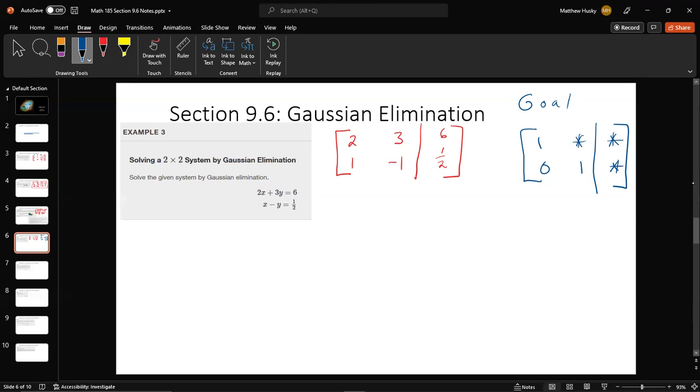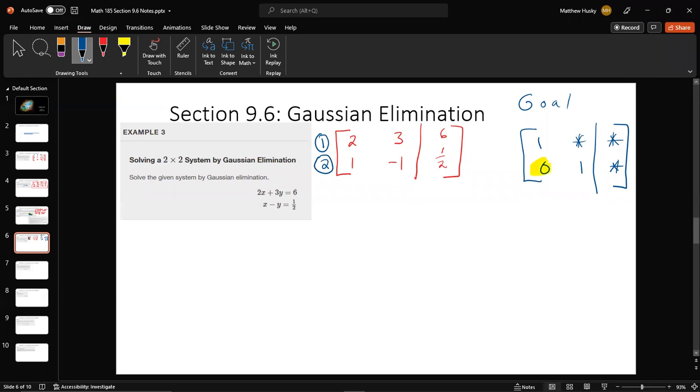But the goal is to have 1s on the main diagonal, and then we want to turn this into a 0. So here's what we can do, kind of like what we did when we were doing systems earlier. I'm going to number these off. I'm going to call this row 1. I'm going to call this row 2.